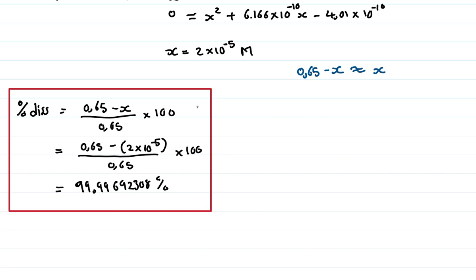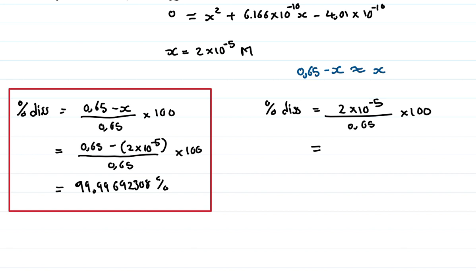So the percentage dissociation is equal to that value x, which is 2 multiplied by 10 to the power of negative 5, divided by the initial concentration, which is 0.65, and multiply that by 100.